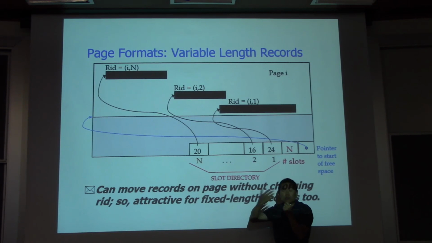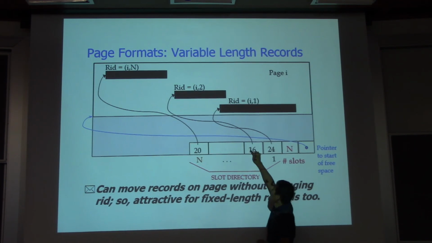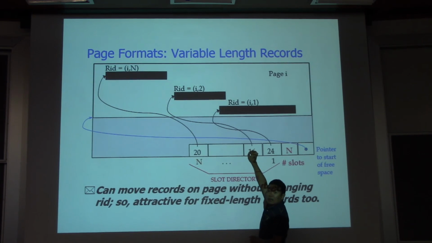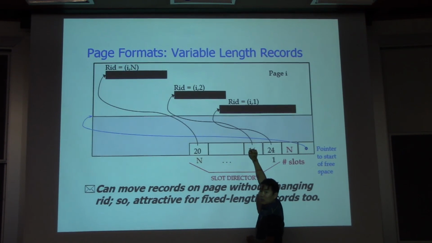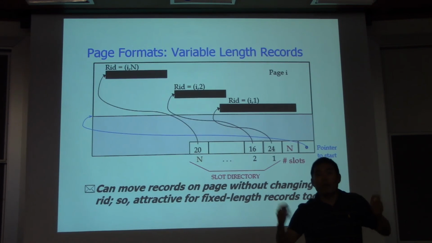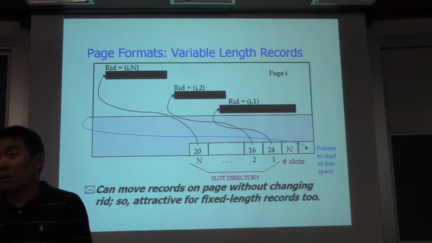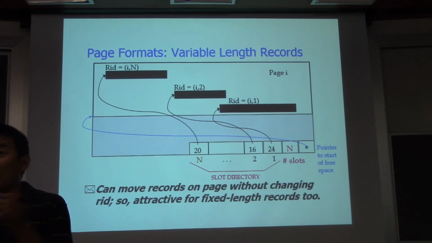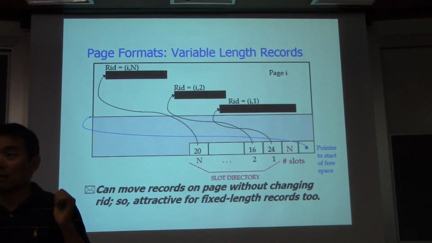But if you do a fair amount of insertion and deletion, why not simply mark this as available? Say you remove the offset value and you set the length to -1 or some pre-agreed default value, so that a subsequent insertion can recycle this slot rather than always dynamically increase and decrease the slot directory.